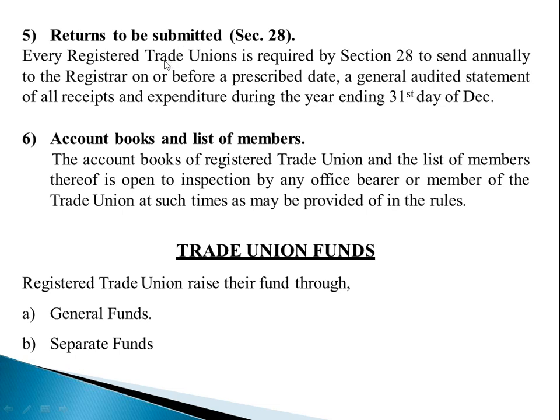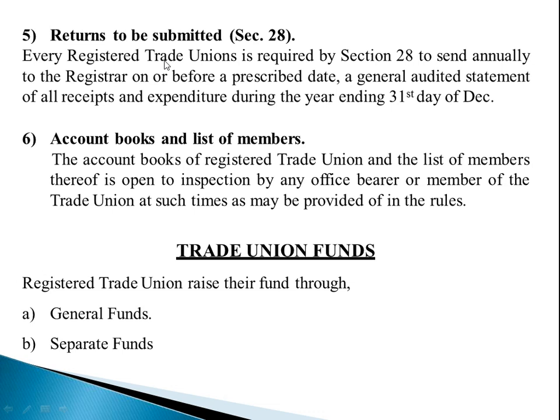That means whatever amount they have collected throughout the year, that is the financial year, and based on that, on the prescribed date, auditing statements and receipts for what they have spent as expenses during the year up to the 31st day of December.